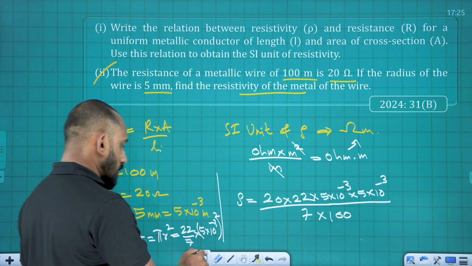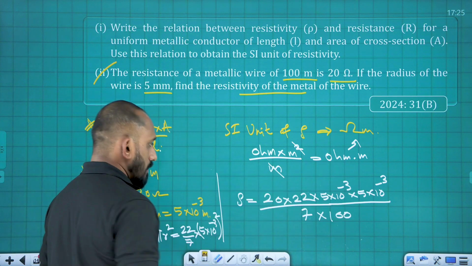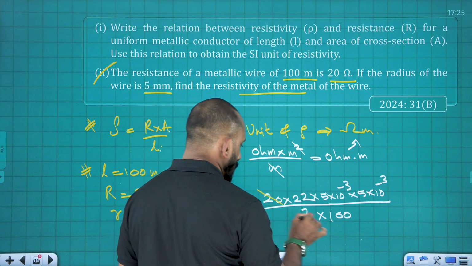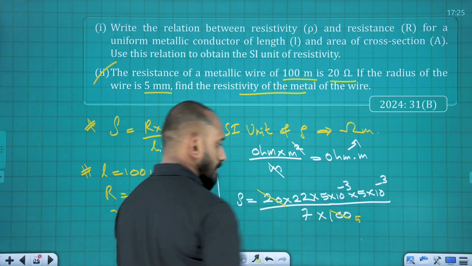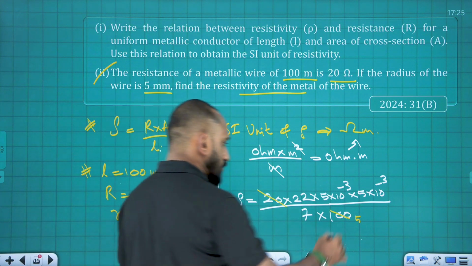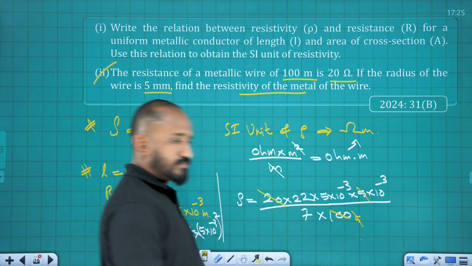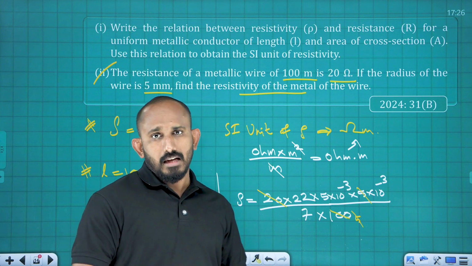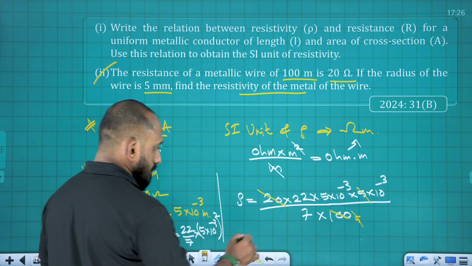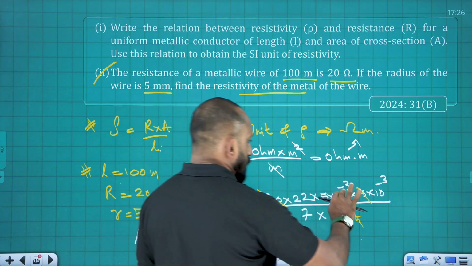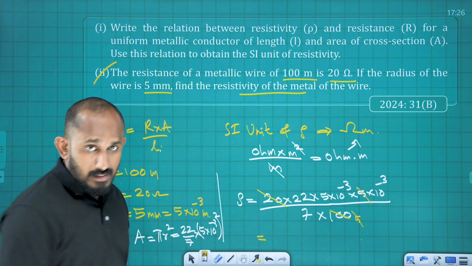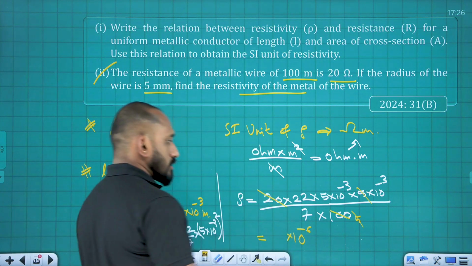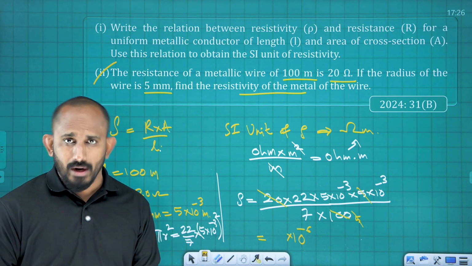So, if you calculate it, you can do it this way. This 20 and 100 you can cancel. How much will be there? It can be 5 here. So, this 5 and 5 cancel. Then 22 by 7 into 5. So, it will be equal to 10 raised to minus 3 and 10 raised to minus 3 is 10 raised to minus 6. So, 10 raised to minus 6 into 22 by 7, which is 3.14, you know.